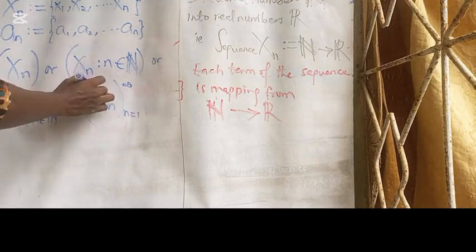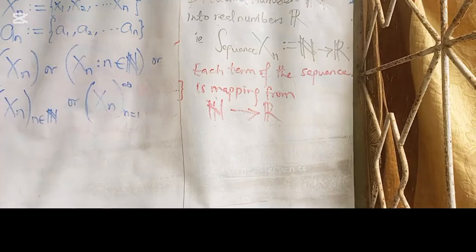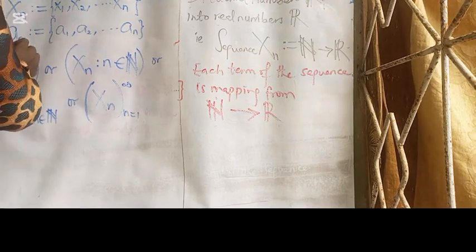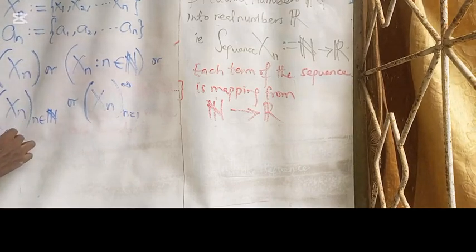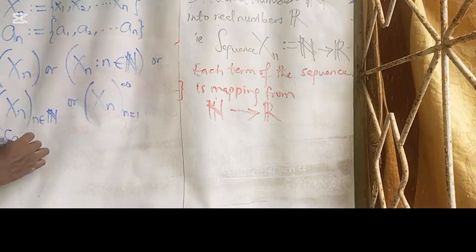And if I don't want to use this type of bracket, I can make use of the curvy bracket which we are used to in set theory, to denote my set.